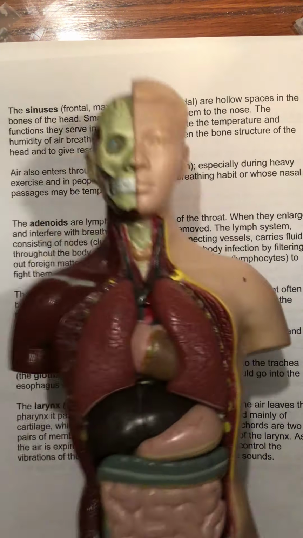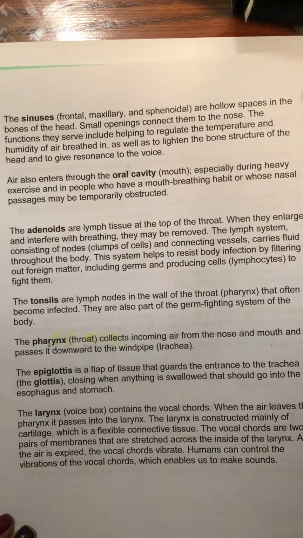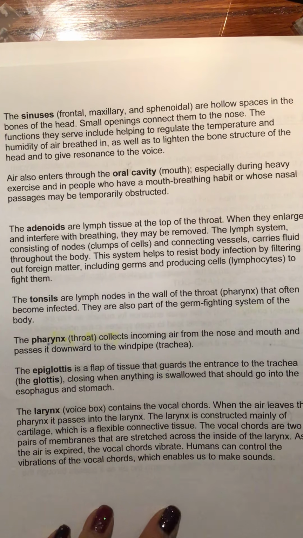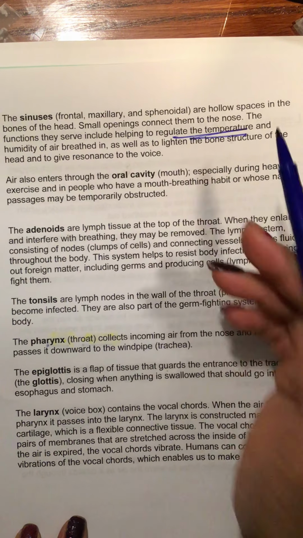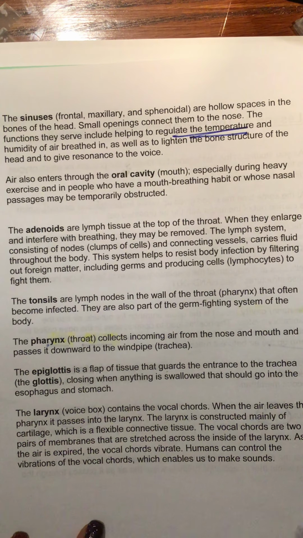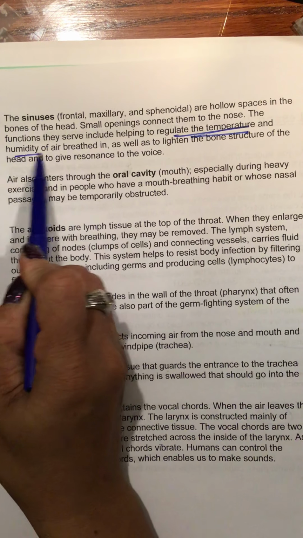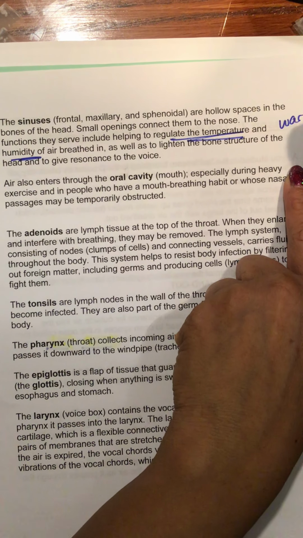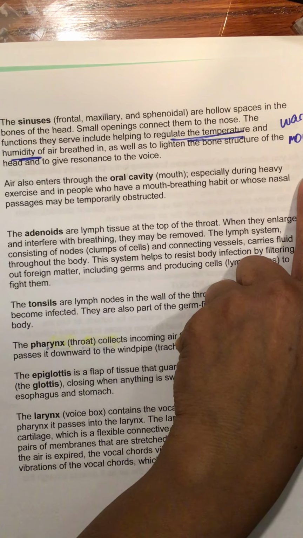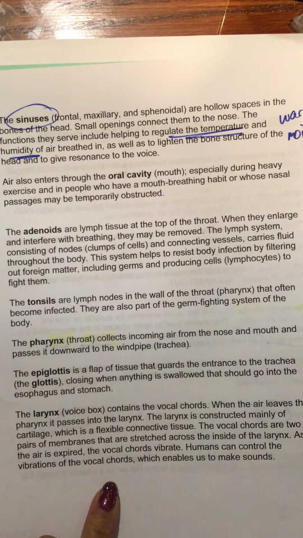So basically, those tiny holes within our head are there so that we can warm the air or cool it down, if in the summer it's very, very hot, or if you're out there in the desert. And it moistens, it adds humidity. So they serve two purposes. Again, they warm and they moisten the air. So those are done by the sinuses.